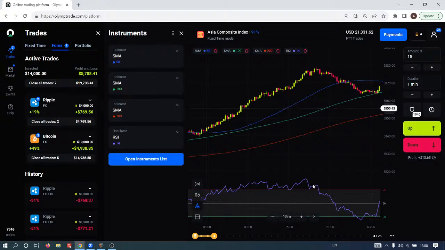Then we enter the normal area from above, and that is usually a very strong sign. That's the classic sign for a down trade.